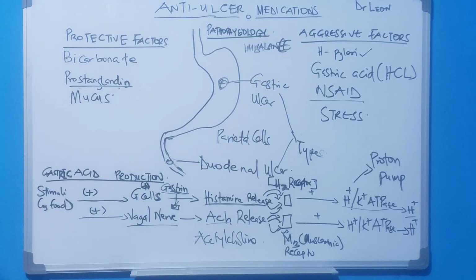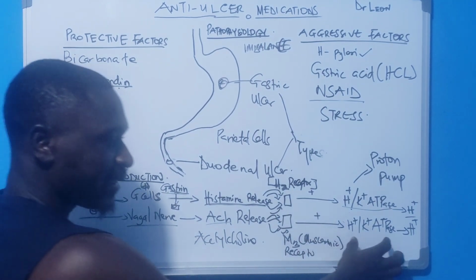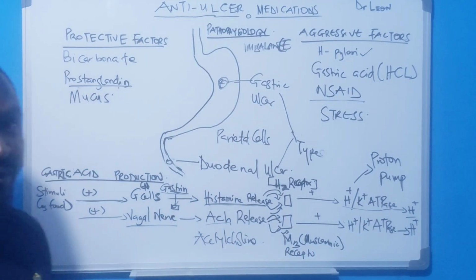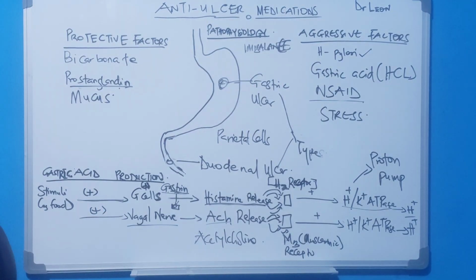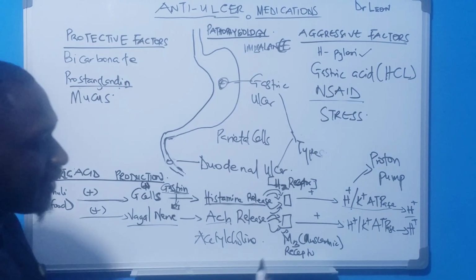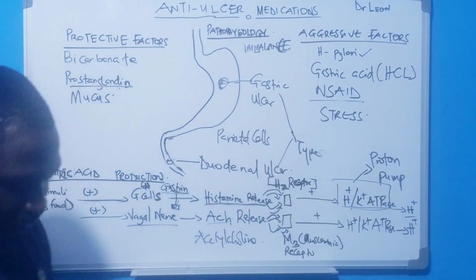And what it basically does is the same thing. It also stimulates the proton pump to produce H plus. So basically, the main enzyme that leads to the production of H plus is the proton pump.